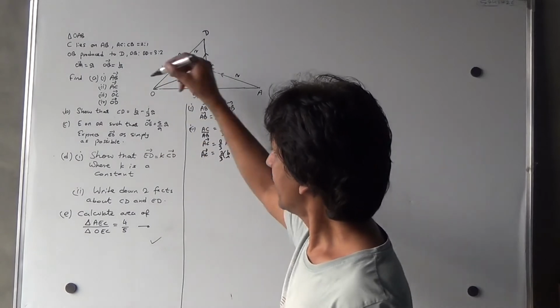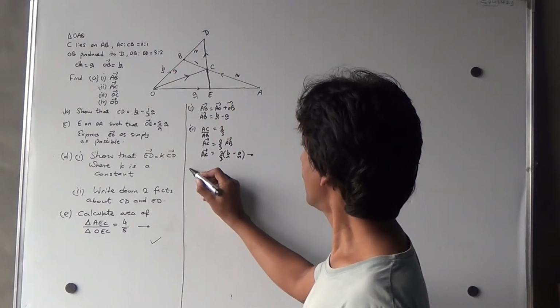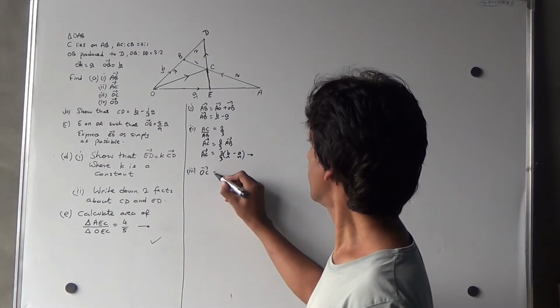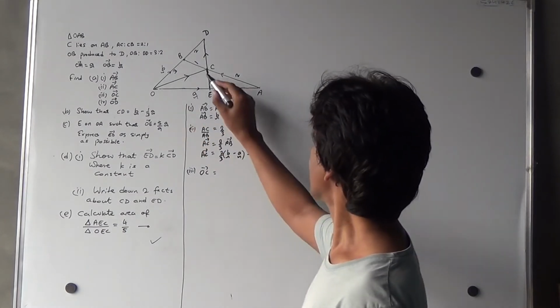Also, we need to find the vector OC. Now, the vector OC is going to be equal to OA plus AC.